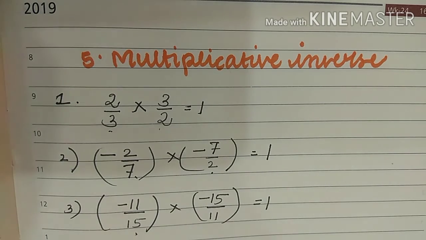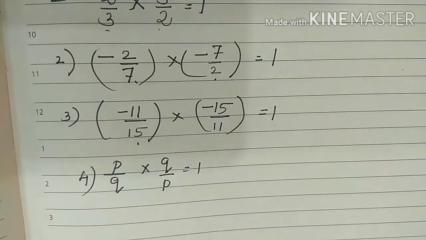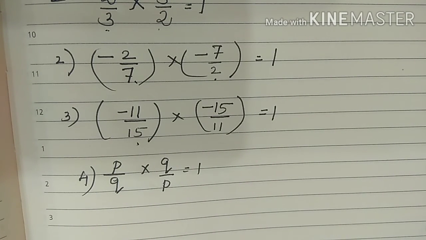Okay. Now let us generalize the fact. For any rational number p by q, p by q into q by p is equal to 1. Okay. Let me repeat once more. For any rational number p by q, p by q into q by p is equal to 1.